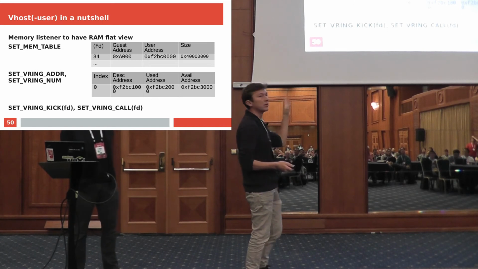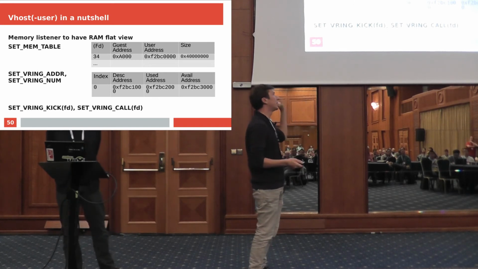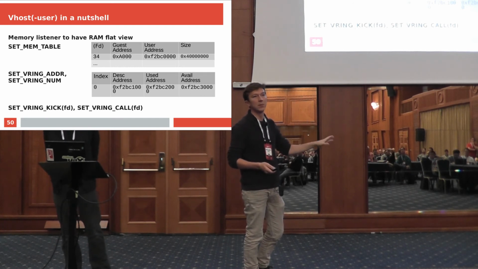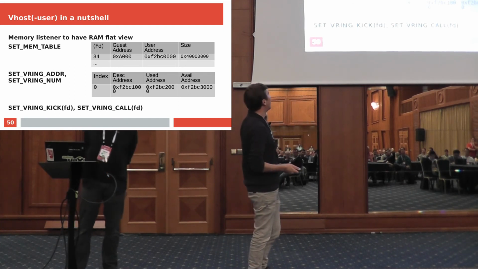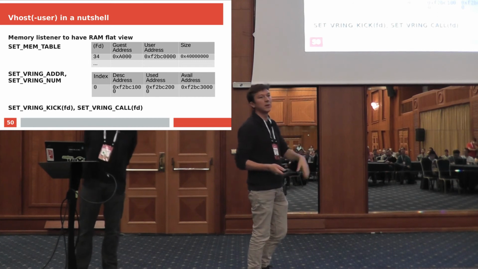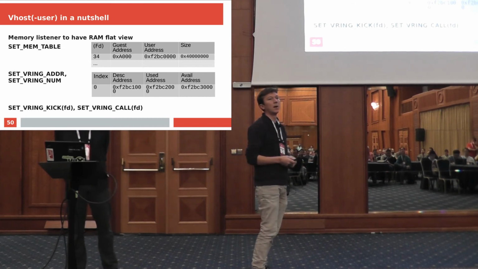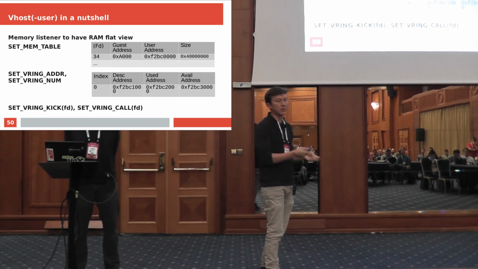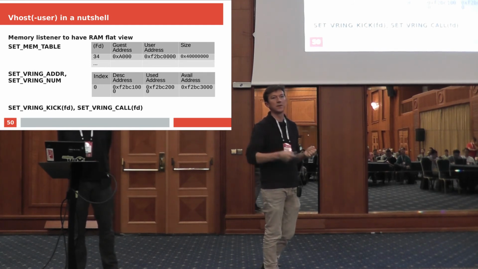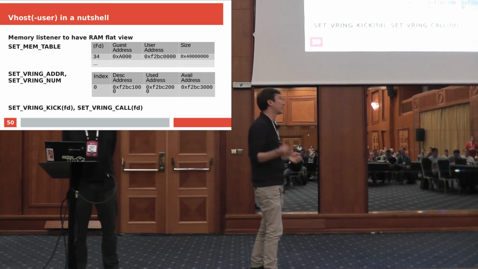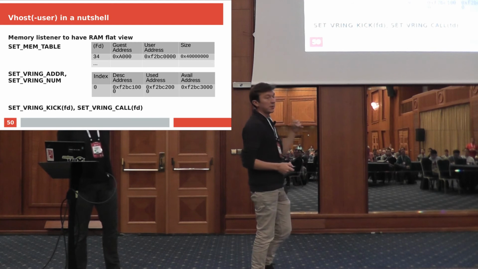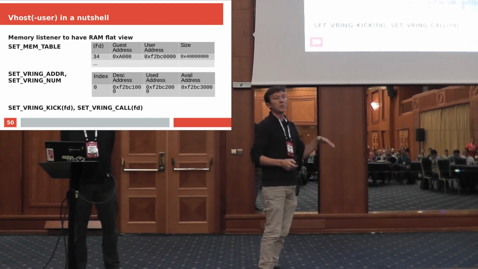I'm not going into detail on how vhost-user works, but basically the outside process gets access to the memory of the guest and knows the location of the ring, and then it gets file descriptors to get notified when it needs to handle the ring, or it can notify the CPU that it has done the work it needs to do. And we recently have IOMMU support.